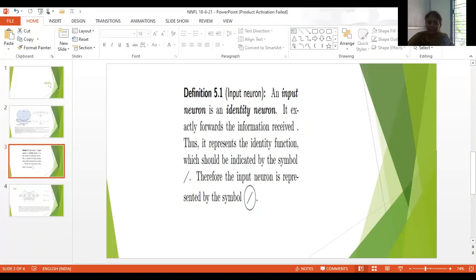So the input neuron is represented with the backslash symbol, a circle with this backslash. That is your input neuron. The input neuron defined for both the perceptron neural network and the RBF neural network is the same. In both cases it is the same.